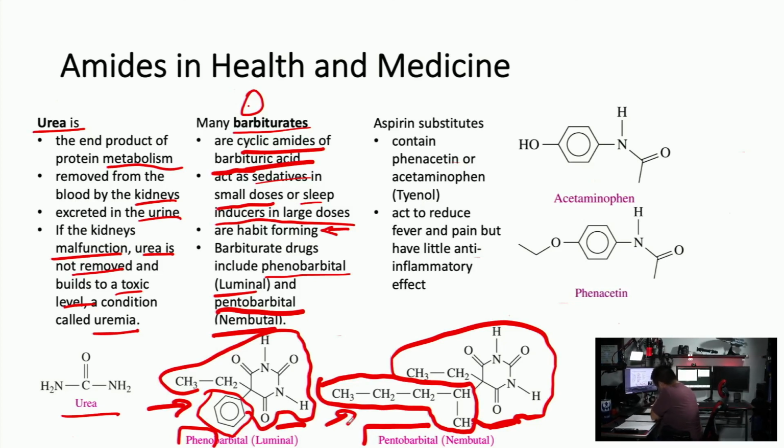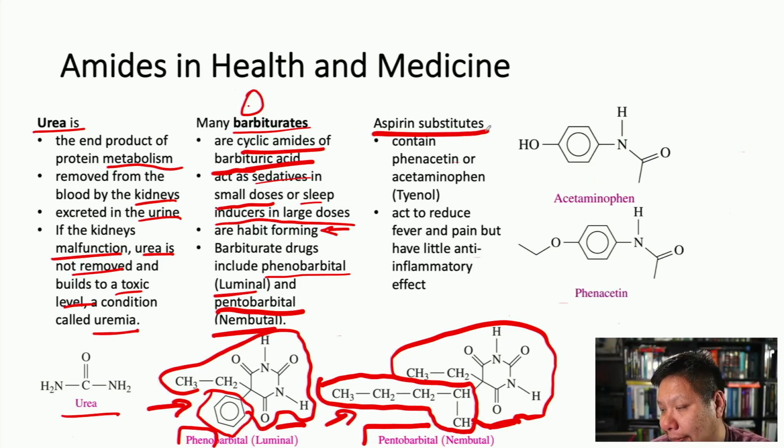Who knows? We talked about this earlier, aspirin, right? But there are some aspirin substitutes that are made of amides. Aspirin actually didn't have any amides in it at all. Remember, it was salicylic acid, and then you added an acetate to it, so it became acetylsalicylic acid.